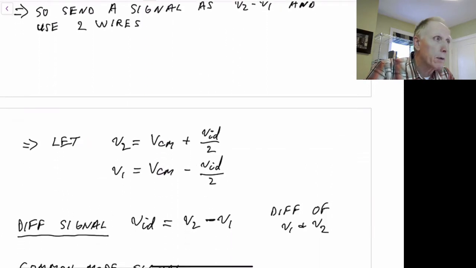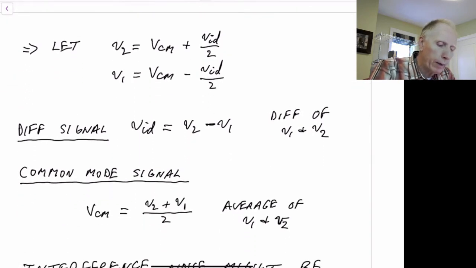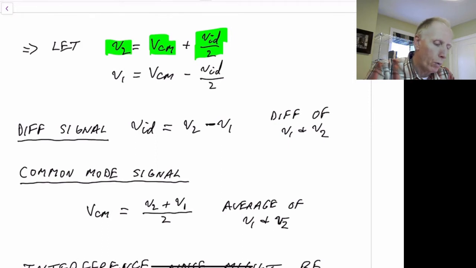In this case, we can let V2 equal a common mode voltage plus a differential voltage divided by 2. We can then let V1 equal a common mode voltage minus a differential voltage divided by 2.